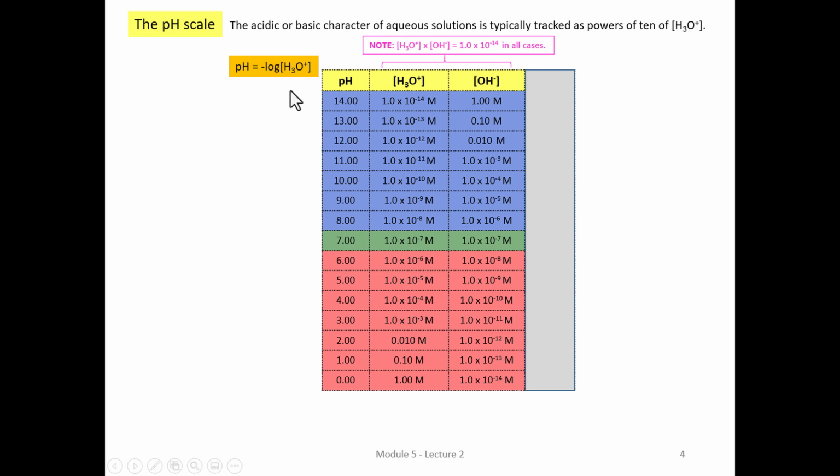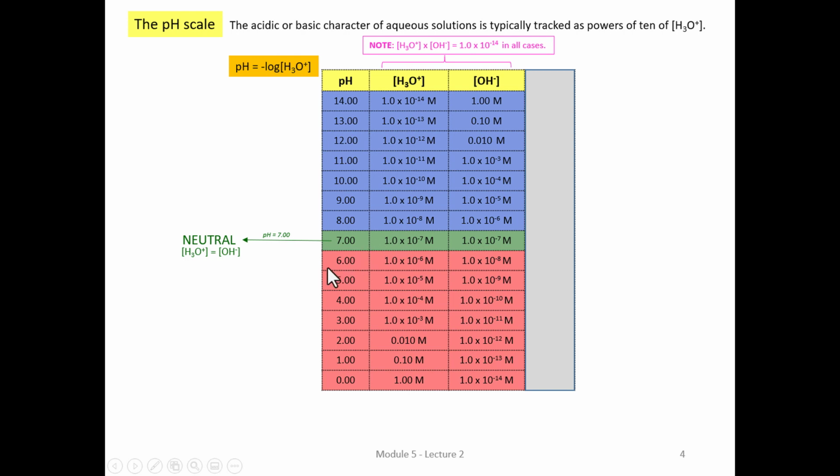Now, when the hydronium ion concentration and hydroxide ion concentrations are equal, the solution's neutral. That would be a pH 7 because minus the log of 1 times 10 to the minus 7 would be 7. That would be neutral when the hydronium ion and hydroxide ion concentrations are equal.